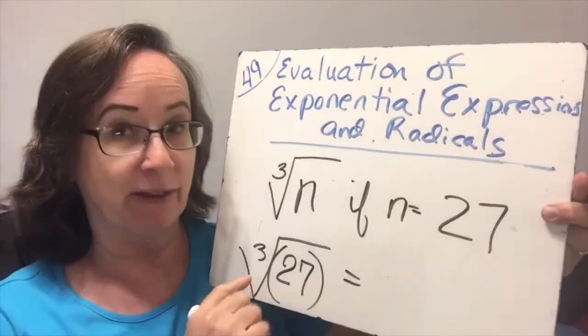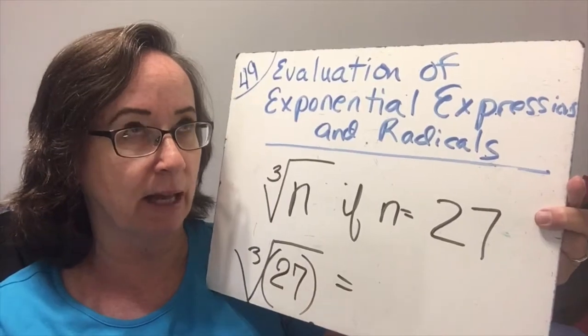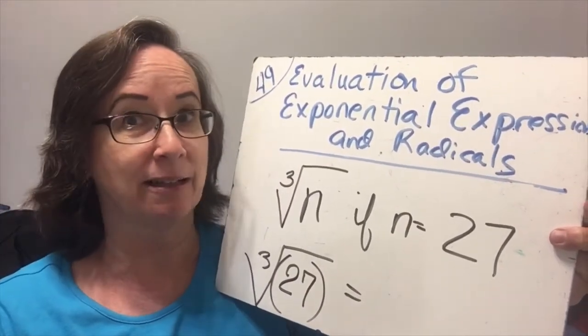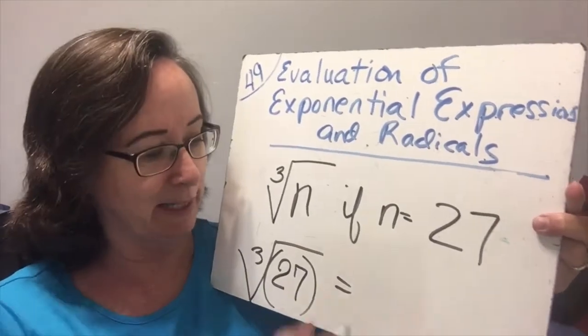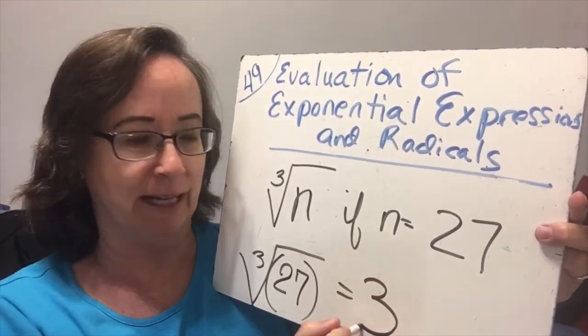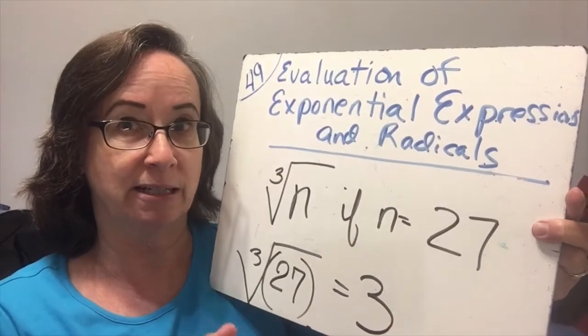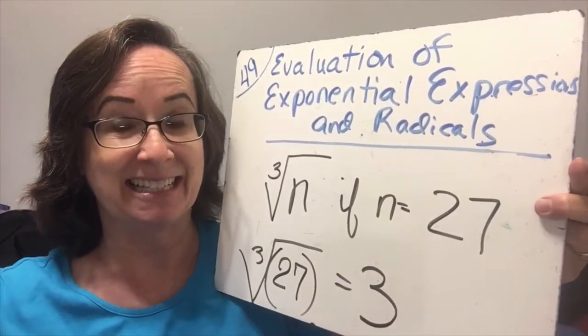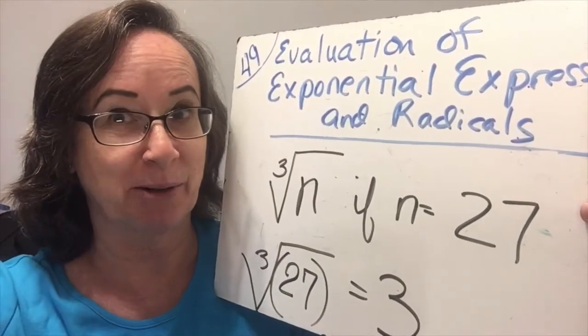So now we have the cubic root of 27, which means I'm trying to think of the number that when I multiply it by itself 3 times gives me 27, and that number is 3, because 3 times 3 times 3 is 27. That's our last example, and now we're going to have some practices.